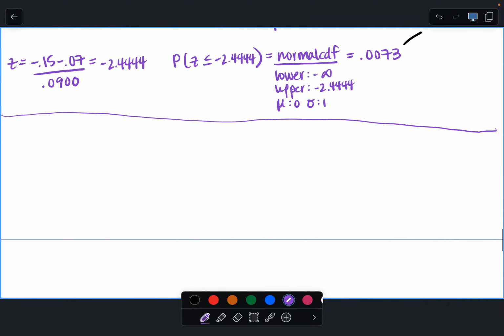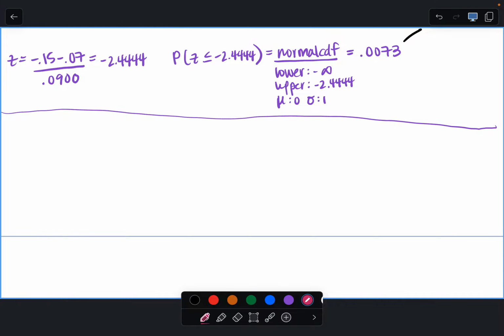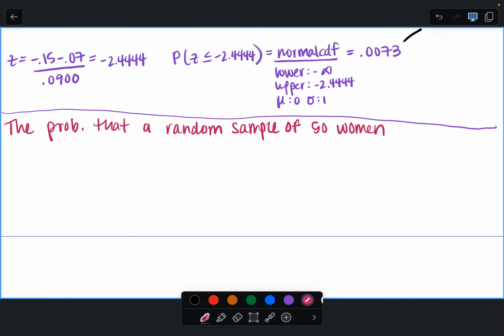Now, the last thing that we did was we wrote a conclusion sentence, and that was basically repeating the question. The probability that a random sample of 50 women, and I literally try my best in the questions that I can to just rewrite it word for word, 75 men will result in a difference of 15% or more.